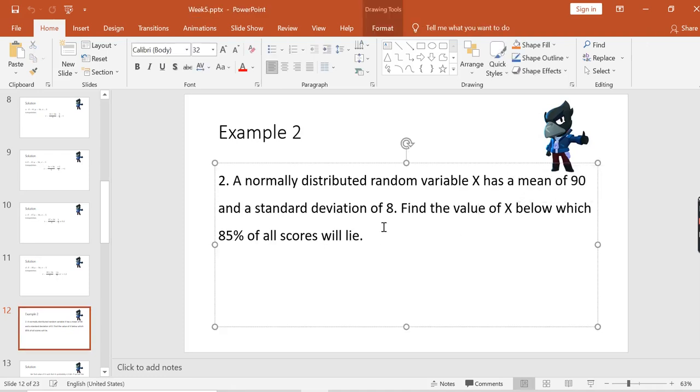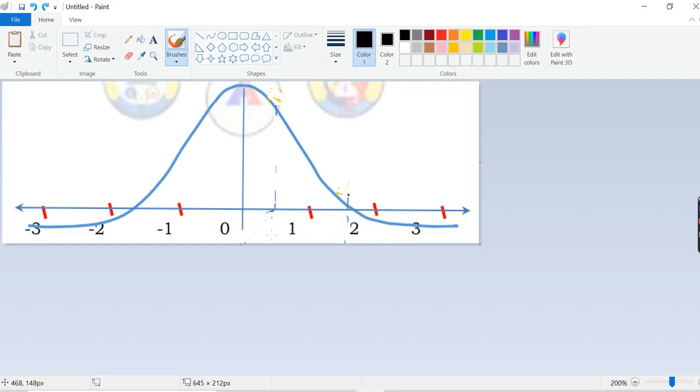One way to attack the problem is to look at the givens. Here we have a mean of 90 and a standard deviation of 8. Do we have a value of x? No, that's the value we are looking for. How about the z? None as well. Now, what's the purpose of 85%? Remember last time, we talked about the area under this curve.